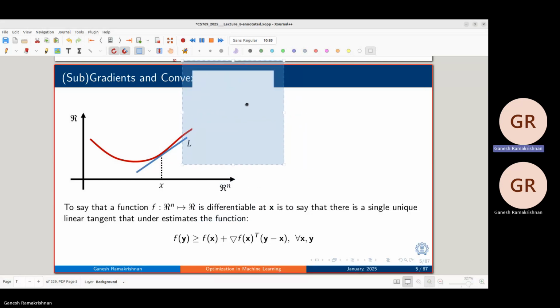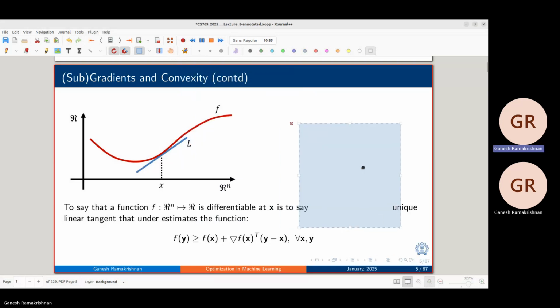Then it's subgradient overall, but unfortunately that's not the case. So there's no supporting hyperplane otherwise for the whole entire function. That's the problem if the function is not convex.